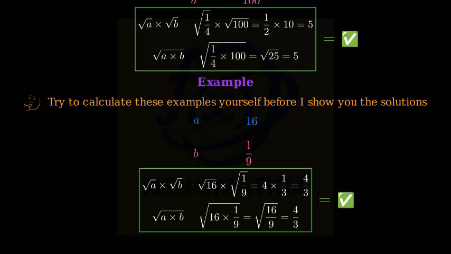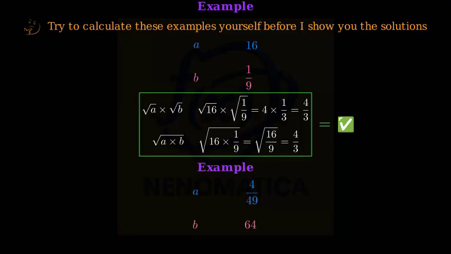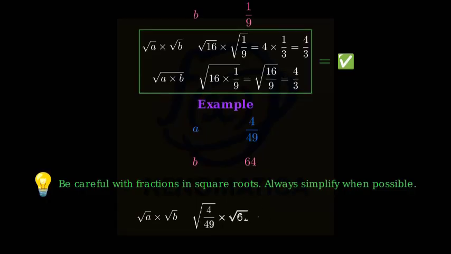Let's do one final example. Here, a equals 4/49, and b equals 64. Tip: be careful with fractions in square roots. Always simplify when possible. Using the first method, we calculate the square root of 4/49 times the square root of 64. The square root of 4/49 is 2/7, and the square root of 64 is 8.